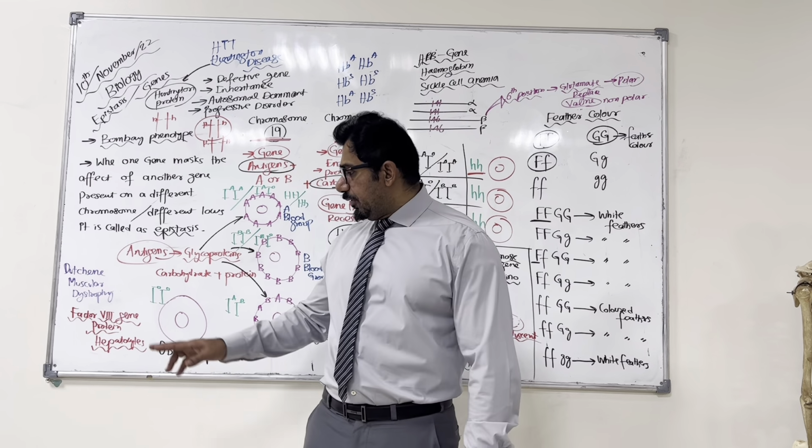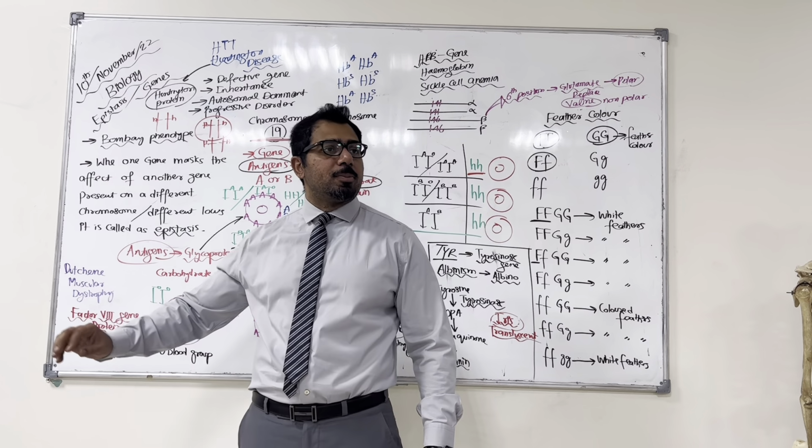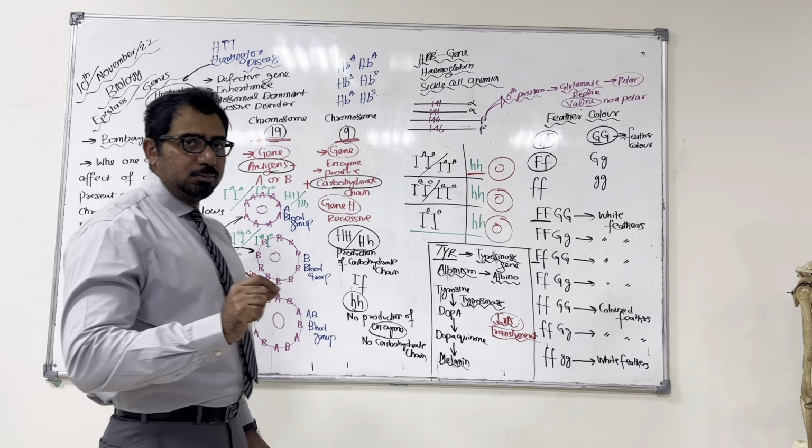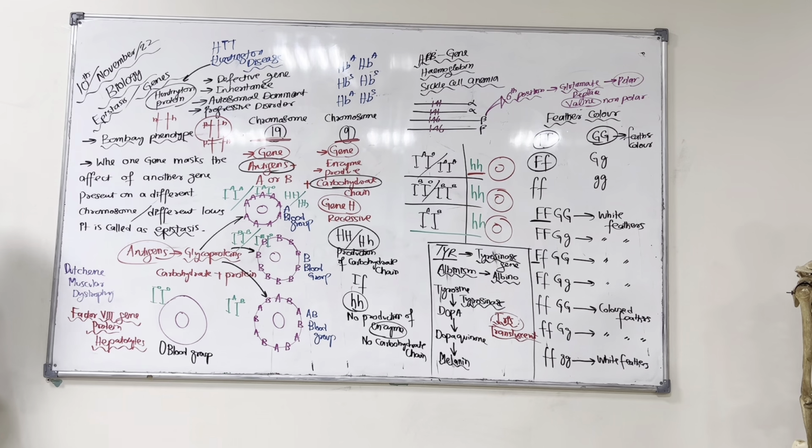Now, if this protein is not being produced, if this gene is recessive, remember, I have taught you this in detail. A female who has X^H X^H will be able to produce this protein. A female who is X^H X^h again has the dominant allele to produce the protein.